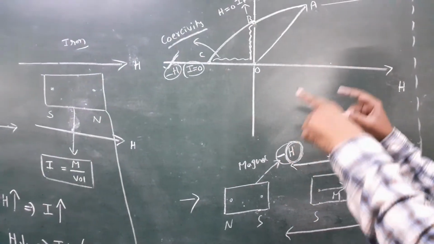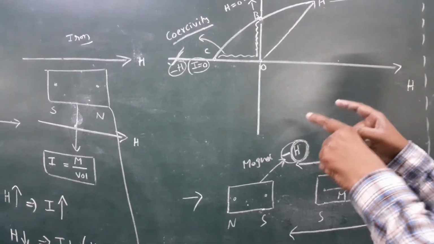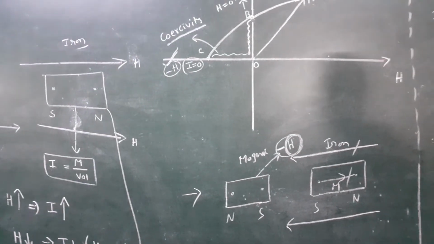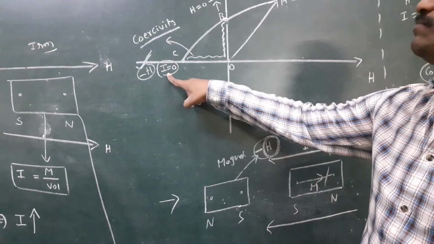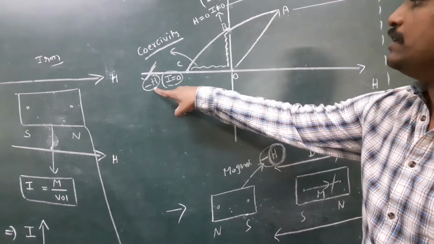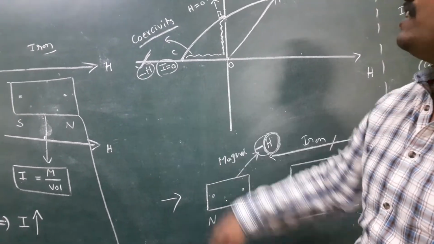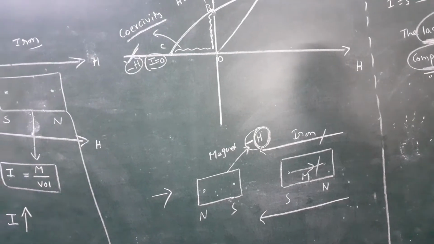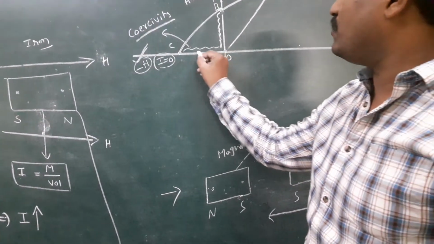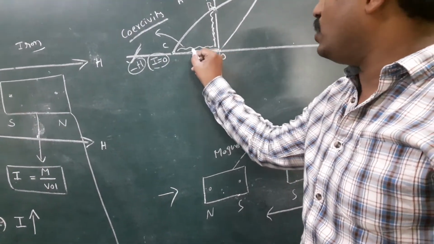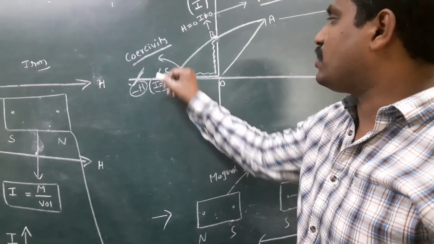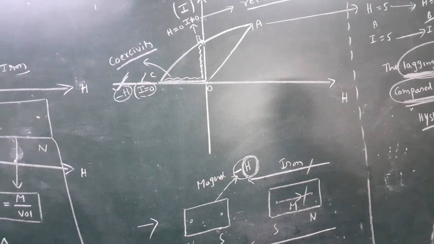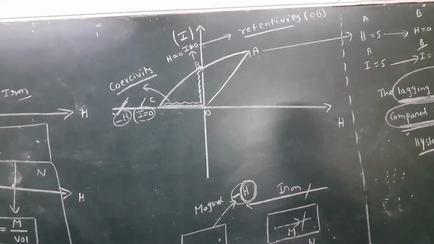Coercivity means the reverse applied field at which I becomes 0; the negative value of H is called coercivity. This is all the negative value of H, the value of H at which I becomes 0, is called coercivity.